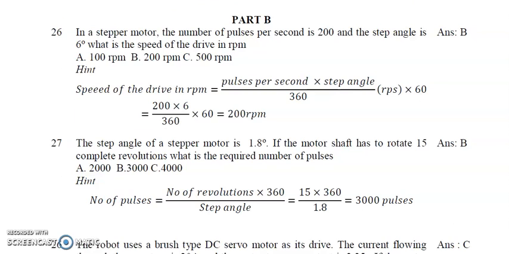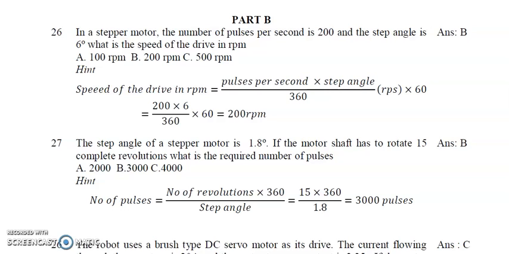Question number 26. In a stepper motor, the number of pulses per second is 200 and the step angle is 6 degrees. What is the speed of the drive in RPM? A, 100 RPM, B, 200 RPM, C, 500 RPM. The basic concept is that for each pulse, the stepper motor moves one step angle.